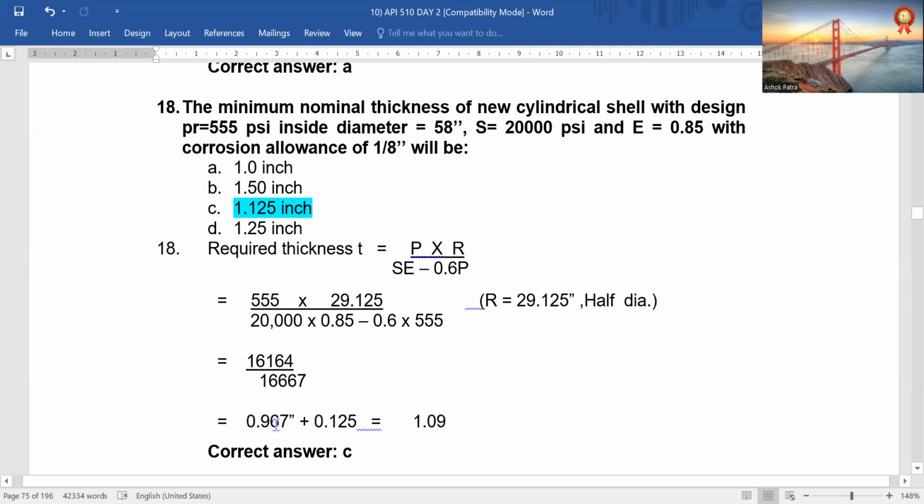So you are getting 0.967 plus 0.125 is 1.09. So the higher than that, you take 1.125.